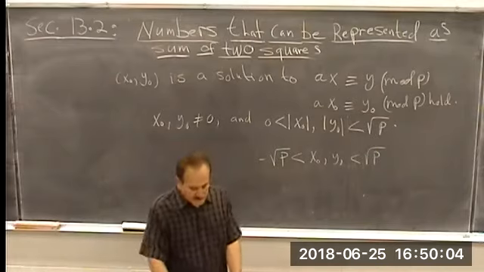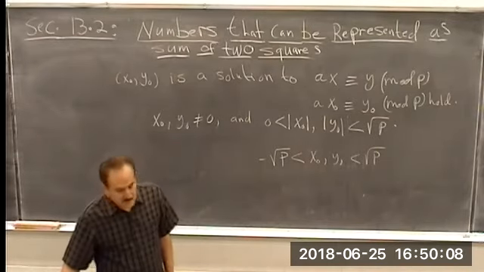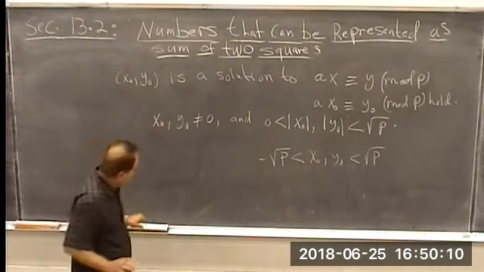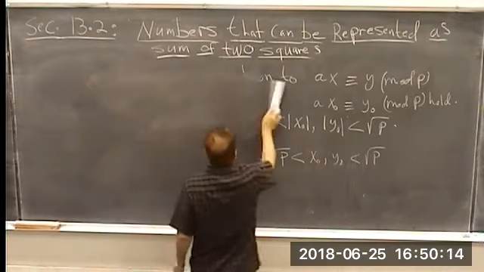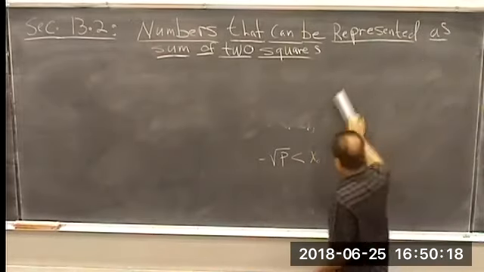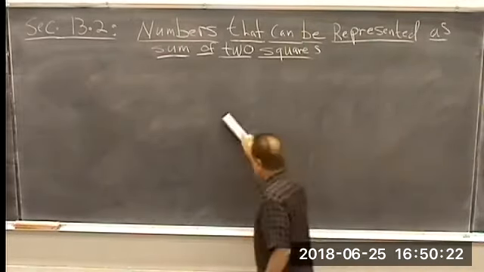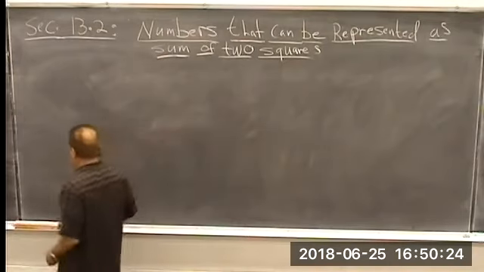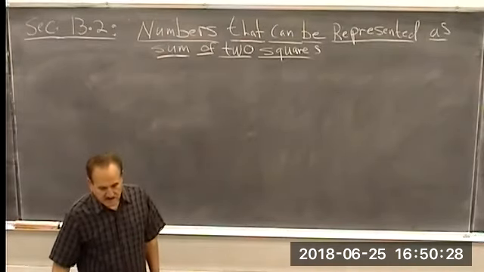Okay, because we're subtracting. All right. Because our next objective is to use this theorem or this lemma to prove Fermat's theorem, and that's what we will be doing next.